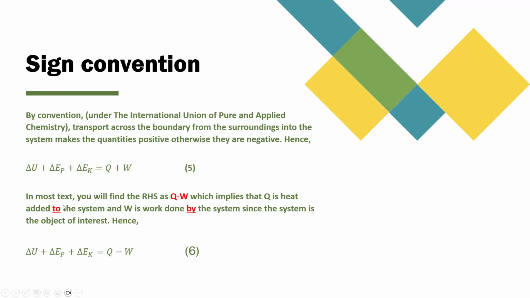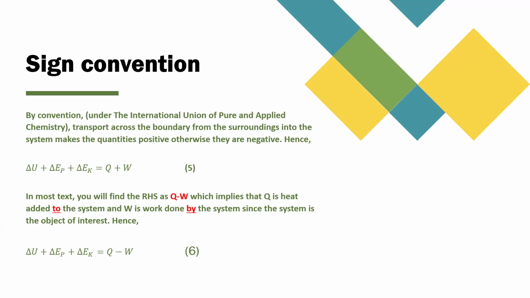Hence, if we look at what is coming into the system, our equation 4 will translate to 5. We will just pick the positive signs and have the right-hand side as Q plus W. But in reality and in practice, it is the work done by a system that we're interested in.